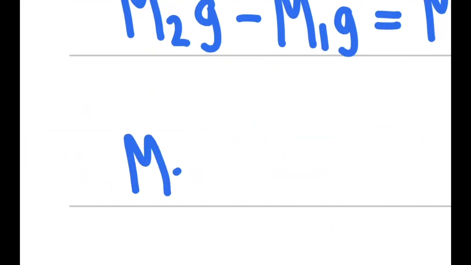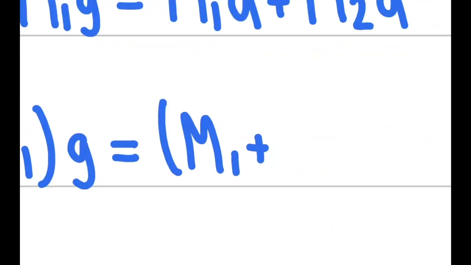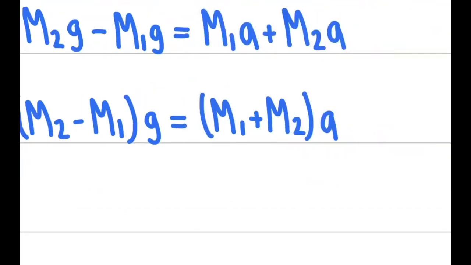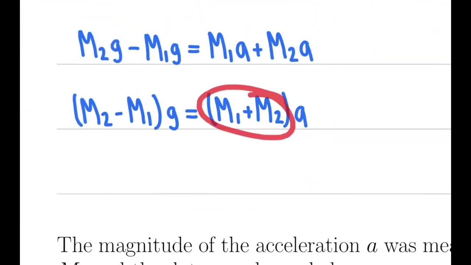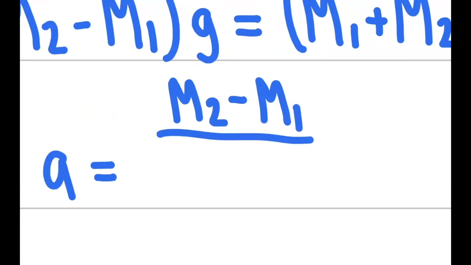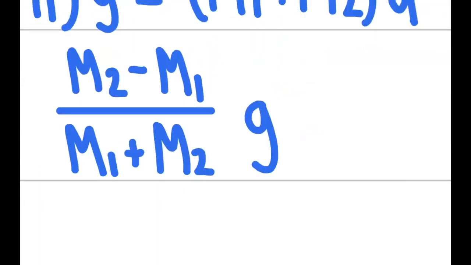So I get m2 minus m1 times g equals m1 plus m2 times a. And to solve for a, I just divide both sides by m1 plus m2. So I get a equals m2 minus m1 over m1 plus m2, all times g.